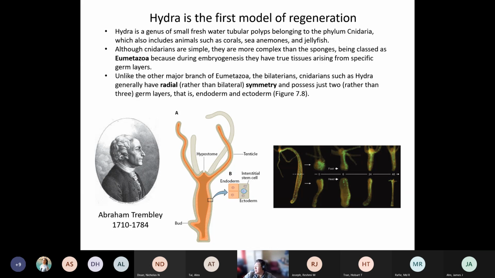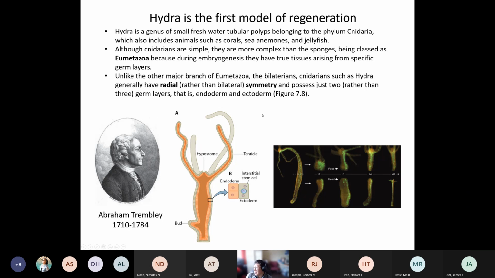And then next, I'm going to describe this wonderful creature called Hydra. Both sponge and Hydra, if you observe them in a laboratory or underwater, you won't think they're animals. You think they're plants, but actually they're animals because animals capture their food from the environment and digest it in their body, and that's what animals do.